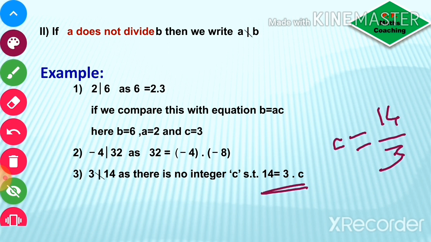But here 14 upon 3 is not an integer. We need an integer value c to satisfy our divisibility condition. So therefore here 14 is not divisible by 3.